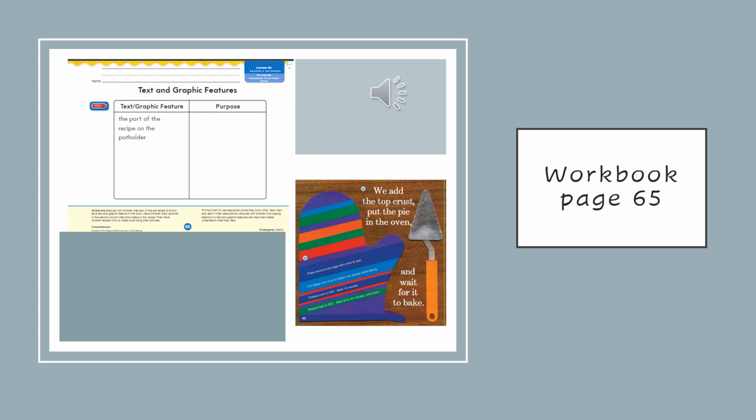And you need to draw a picture to show why. Well, we just said that they put that on there because it showed sequencing. Both the recipe shows sequencing and the story shows sequencing. So in there, you're going to draw pictures to show the steps in the recipe to make the cherry pie.